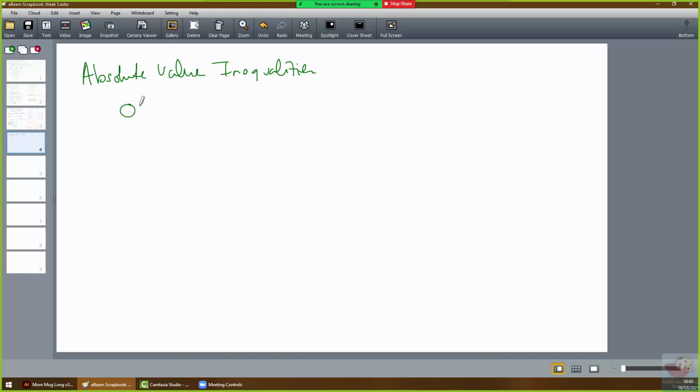You have or, and you have and. An or situation is when the absolute value is greater than or equal to a number. An and situation is when the absolute value is less than or equal to a number.